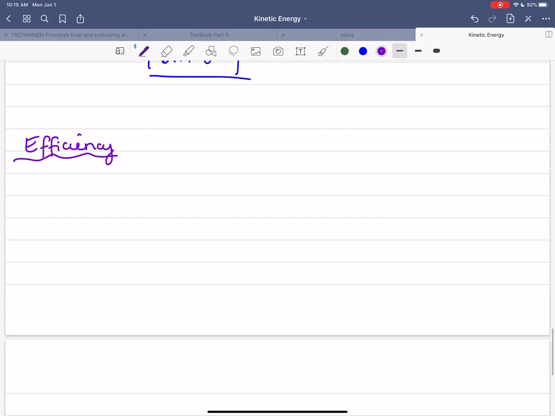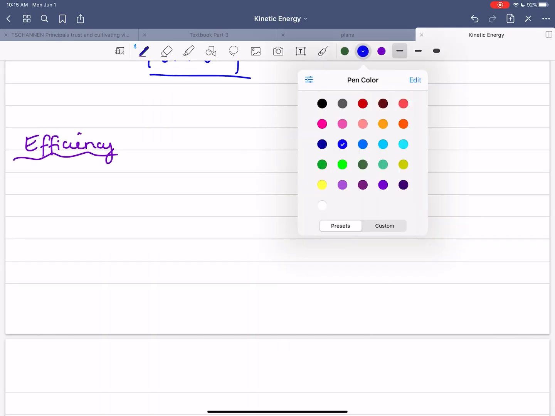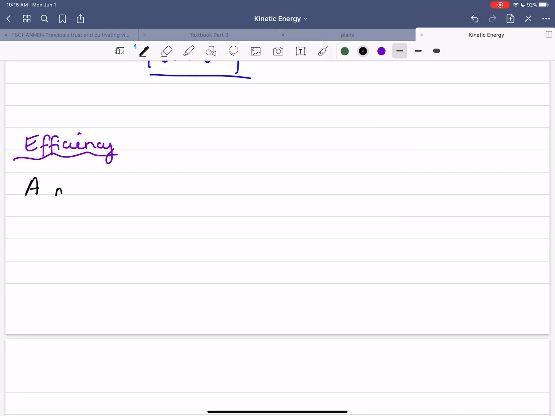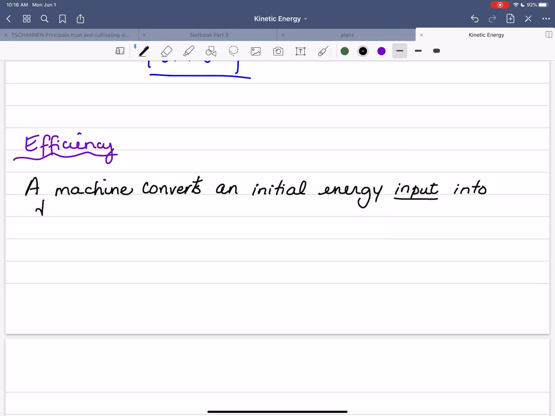We know that when it comes to energy, a machine converts an initial energy added, what we call an input, into different types of energies.